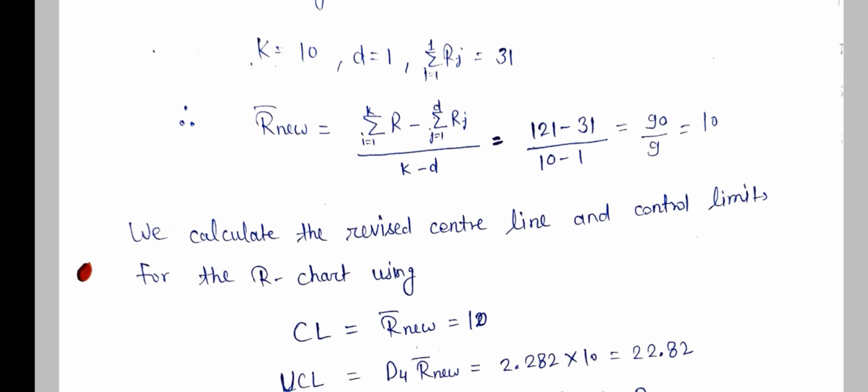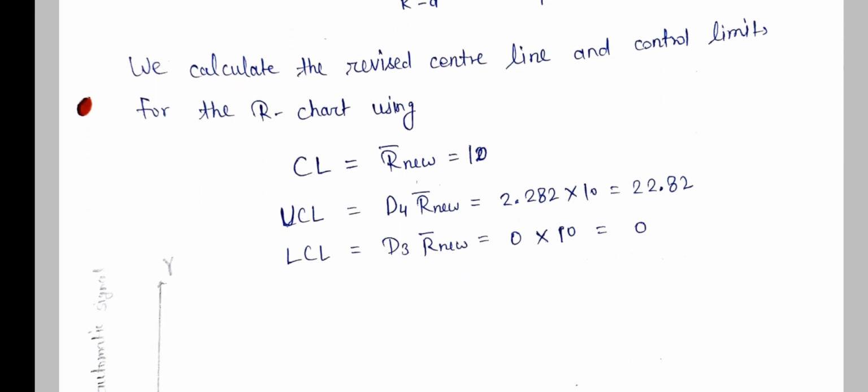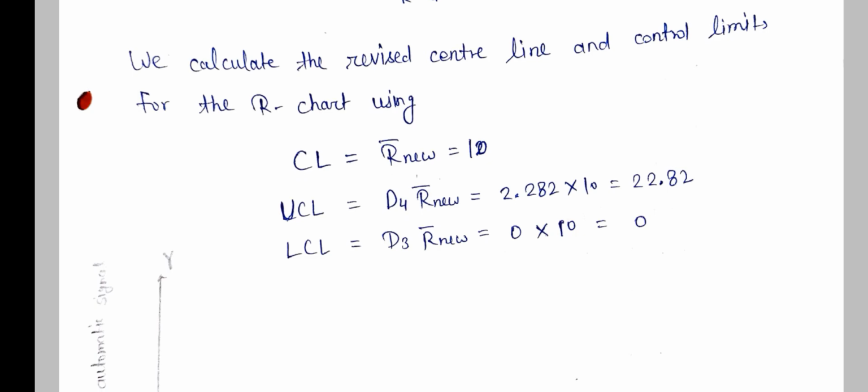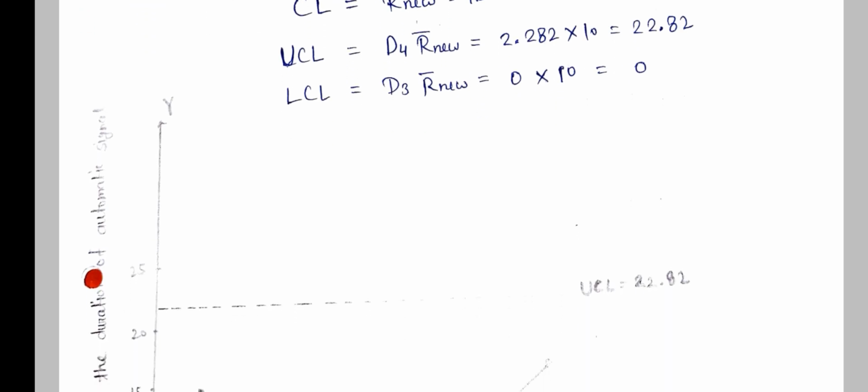Sigma R was 121, minus 31, because 31 is the value outside the control limits, and 10 minus 1. So R bar new is equal to 10. Now the values of CL, UCL and LCL are 10, 22.82 and 0.